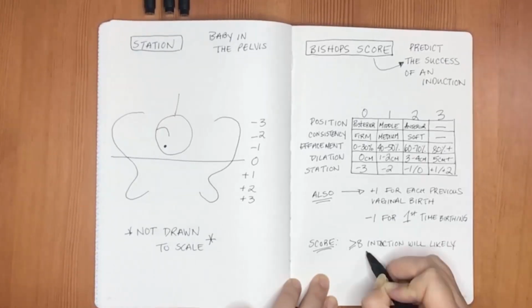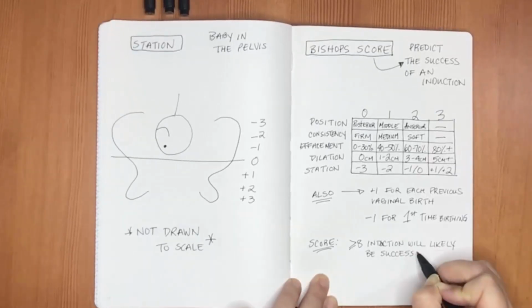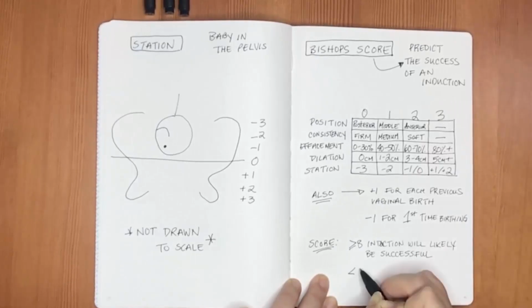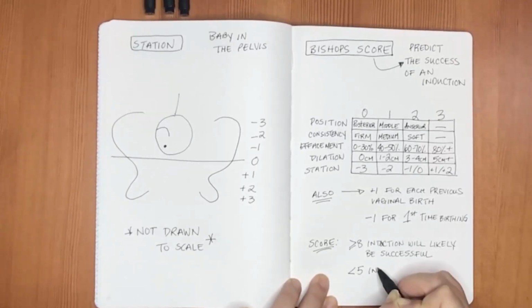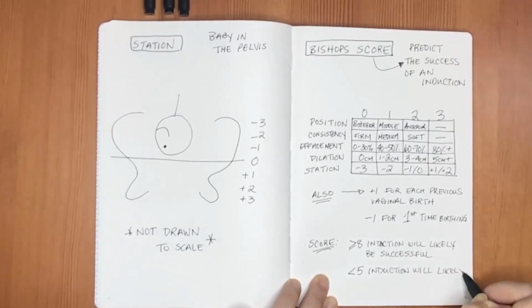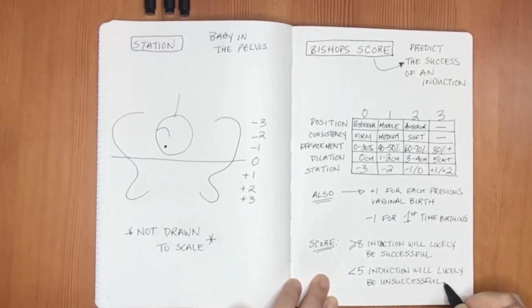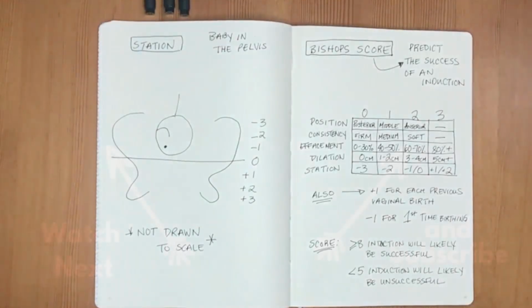But if your score is less than 5, it is an indication that your induction will likely be unsuccessful. So an unsuccessful induction is one that will not lead to a vaginal birth. So again, getting all of this information from your care provider can help you make decisions about your induction.